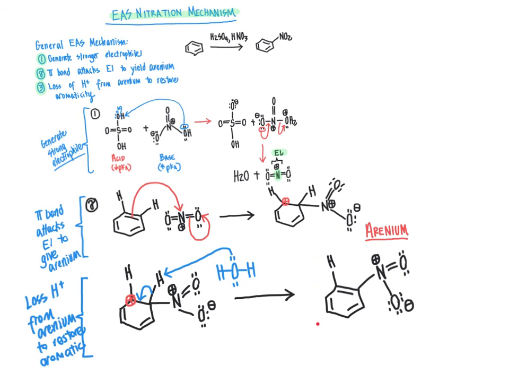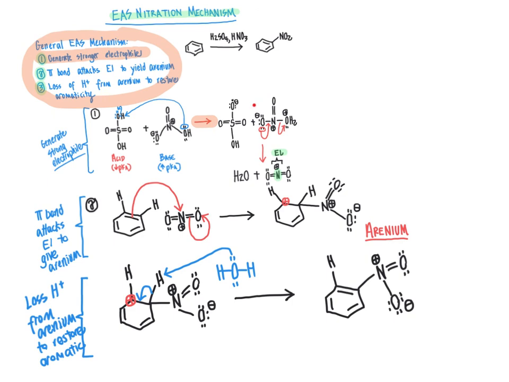We have created our final nitrobenzene product by going through this systematic step-by-step process that we will see over and over and over again, where in general, we are always, as our first step, generating a stronger electrophile, which we did in this case by a two-step reaction mechanism initially, where we took, first off, our sulfuric acid, reacted with nitric acid, which was acting as a base. The base, nitric acid, grabbed a proton from the acid.